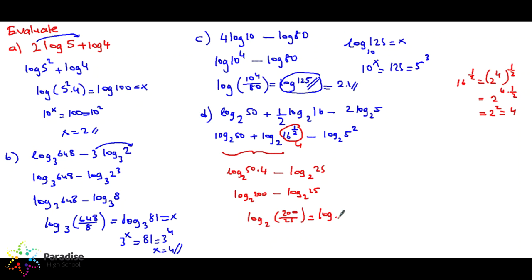That is log base 2 of 8. If it is x here, 2 to the power of x will be equal to 8. That is 2 cubed, then x will be equal to 3. So when we evaluate this, the whole expression is equal to 3. Yes. Let's move on to the next slide.